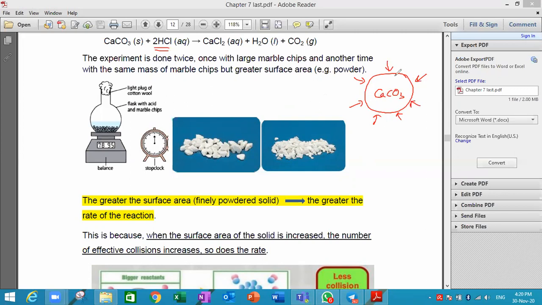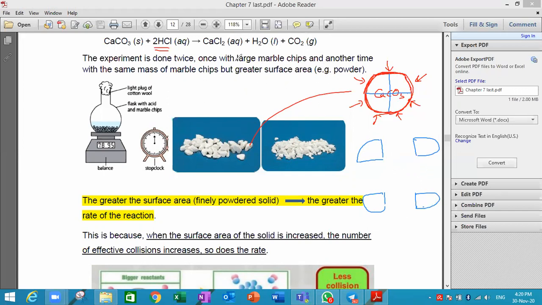So the only surface that it has to react on is the outer surface. So what happens if I crush this lump of calcium carbonate into 4 pieces? I get this piece, another piece, a third piece, and a fourth piece.